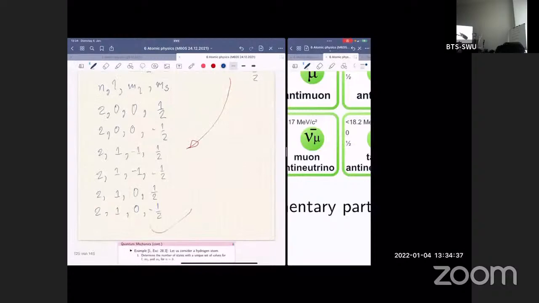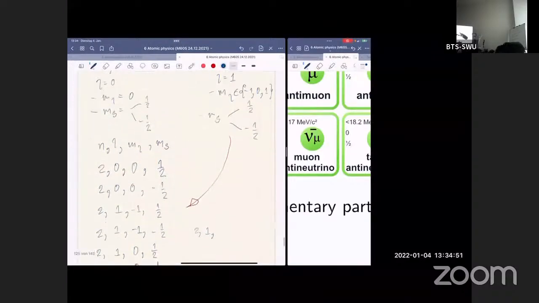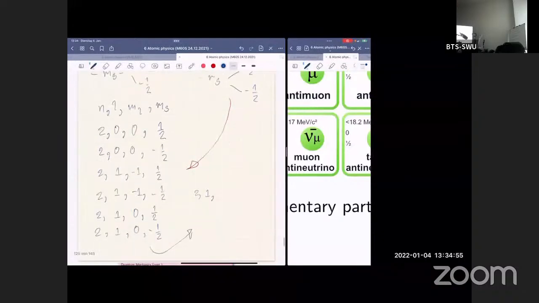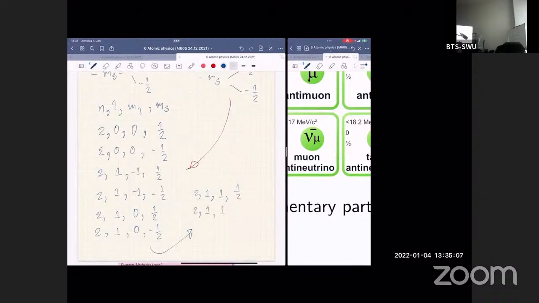Okay, because we are running out of space, let's write down here. The next state is 2, 1, and now we move ML from 0 to number 1. So that's why we have 1 here. And again, spin number could start from 1/2. And then the second case is 2, 1, 1 and the spin number is -1/2.